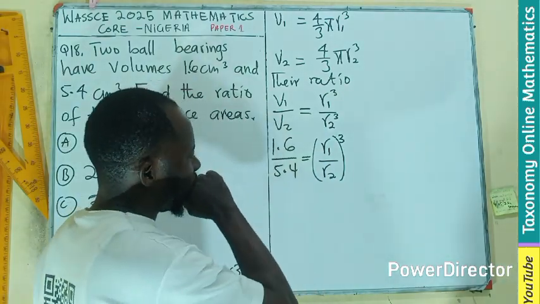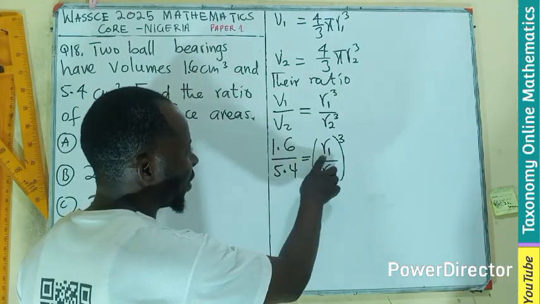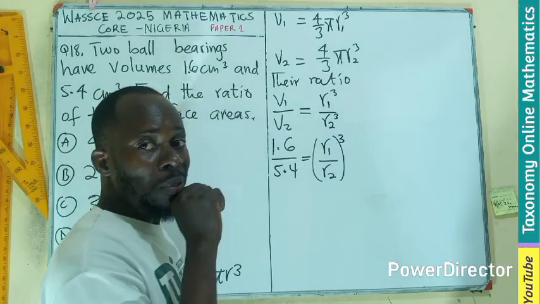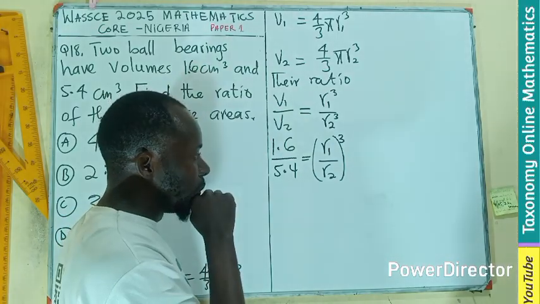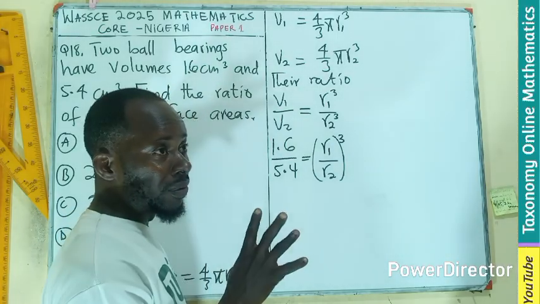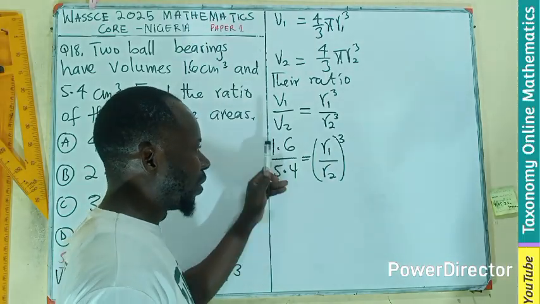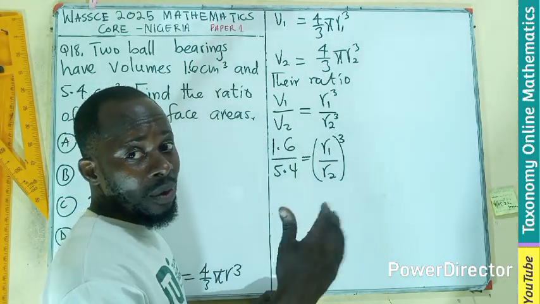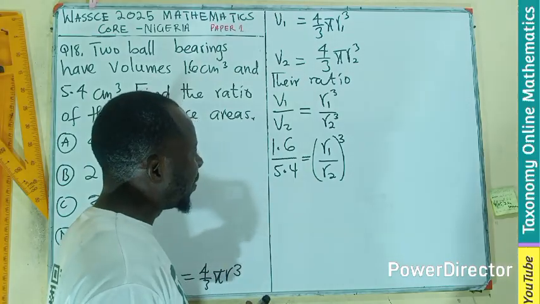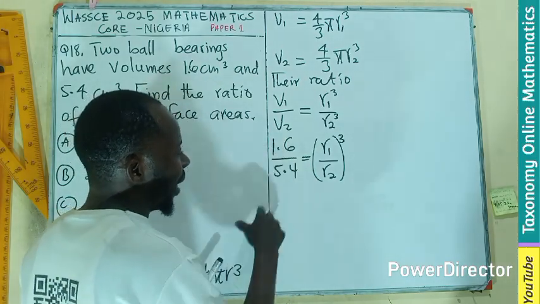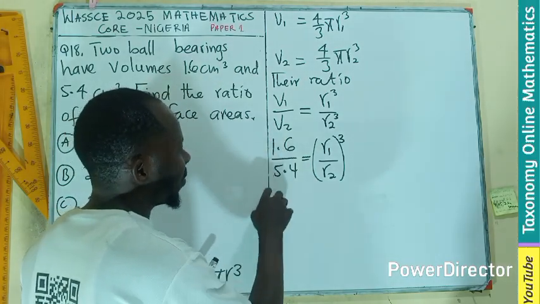Right here, we need to clear the cube power. We can find the cube root of both sides, but these values individually will become very small. So let's multiply by 10.